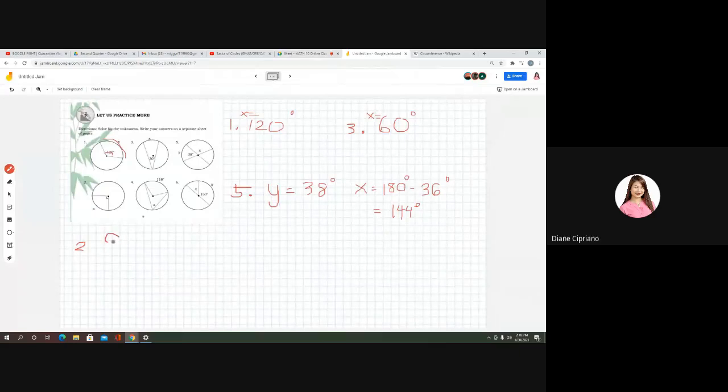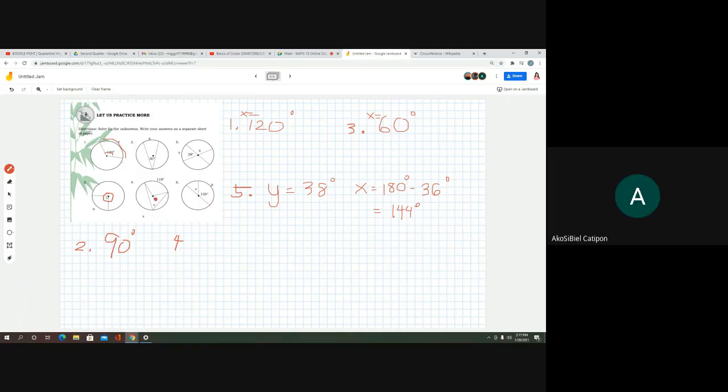Galing-galing. So, for number 2, it is 90 degrees. Why? Because this symbol indicates a right angle, and a right angle is automatically equal to 90 degrees. Okay, for number 4, what is the value of x here? How to answer it?